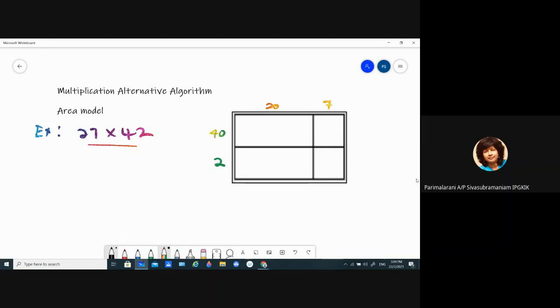So this part here will be 40 times 20. This is 40 times 7. This is 2 times 20 and this is 2 times 7.